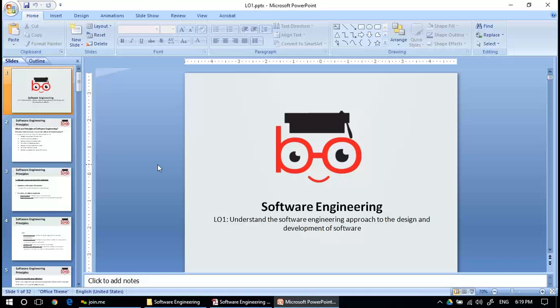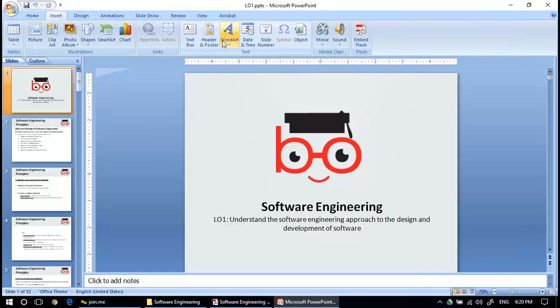So theoretically you should learn what software engineering is and its approaches, and how it is used to design and develop the software. So we start with this software engineering unit, learning outcome 1, understanding the software engineering approach to design and develop the software.